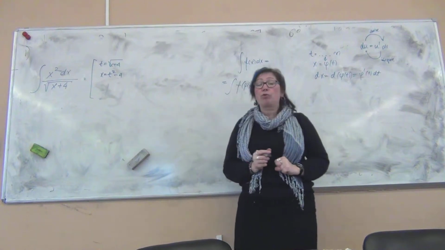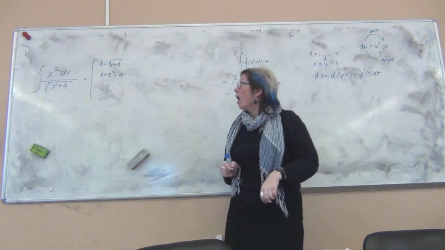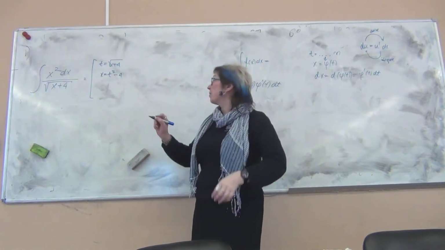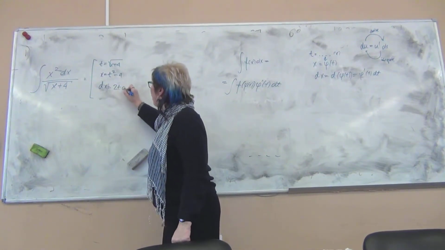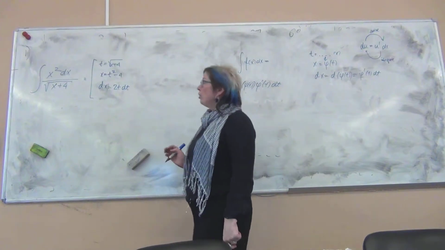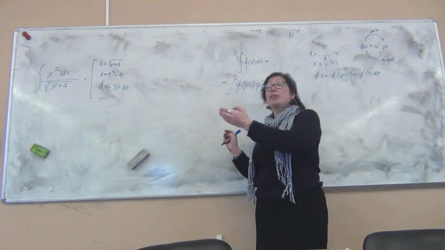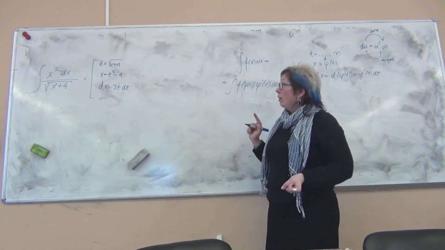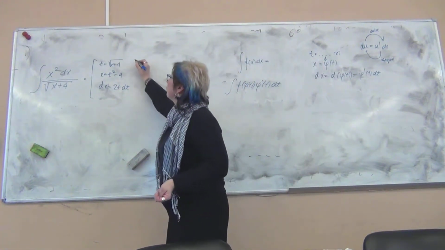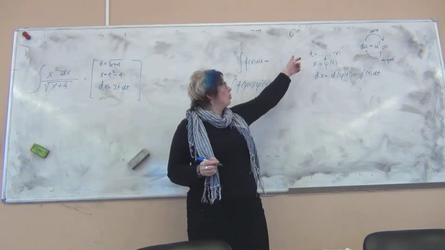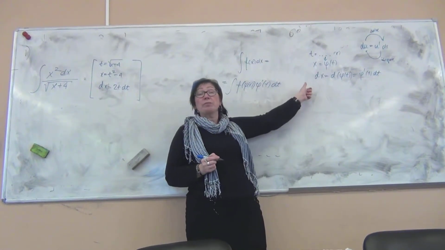Square both sides, subtract 4. Now we can express dx. So dx will become 2t dt. When you differentiate both sides, you find the differential of both sides. And now, obviously, we can start changing the integral. So we have performed these three important things.